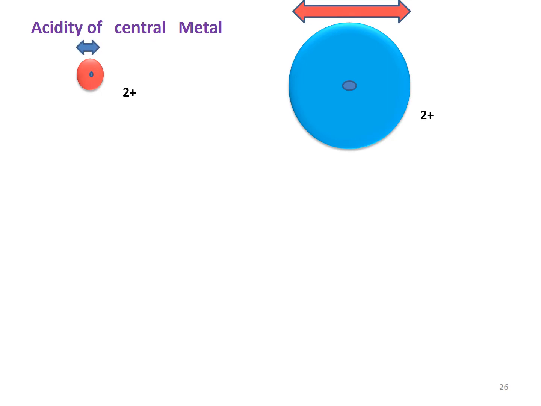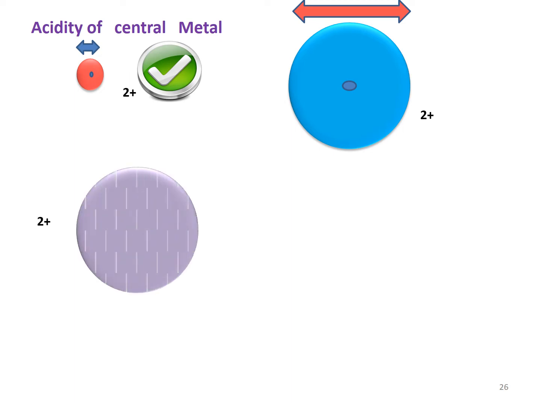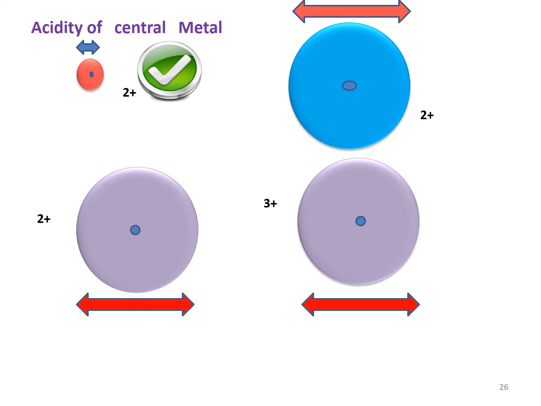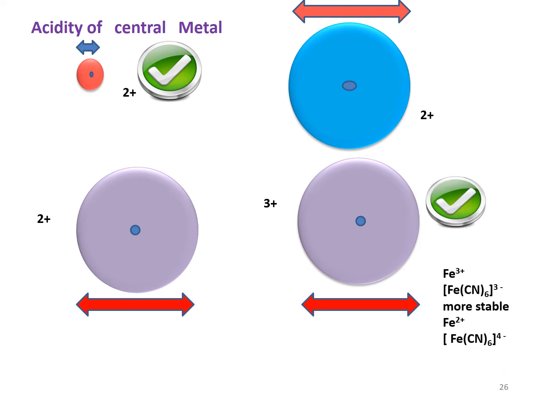Of course, the smaller the radius, the higher the density of the positive charge, eventually forming a more stable complex. On the other hand, with two central metal ions of the same radius, but one of them more positively charged, this one will form the more stable complex.